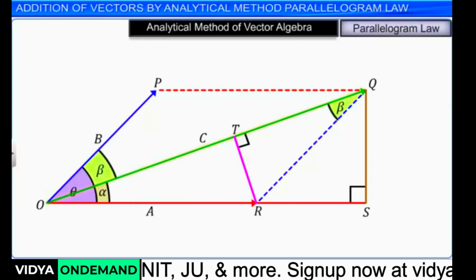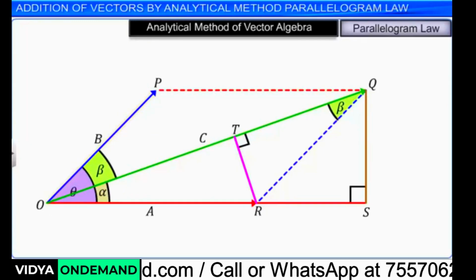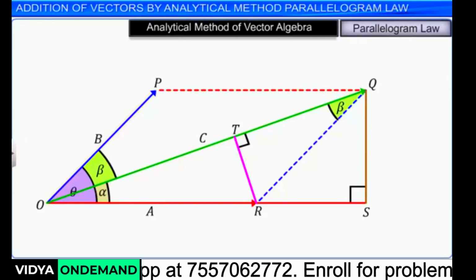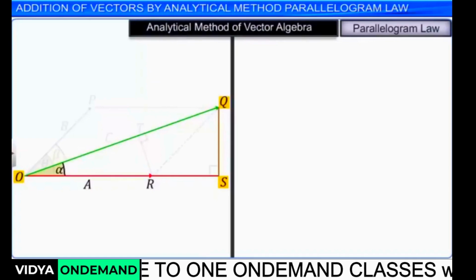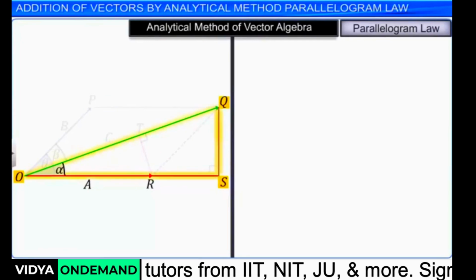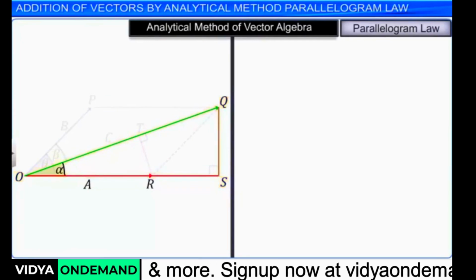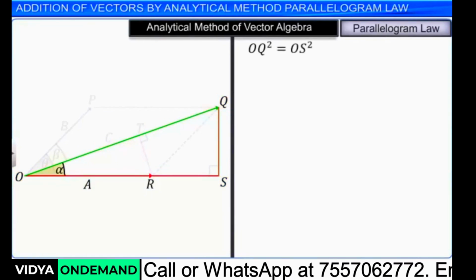Consider the triangle OSQ. From the triangle OSQ, we can write OQ square is equal to OS square plus SQ square. Let this be equation 1.